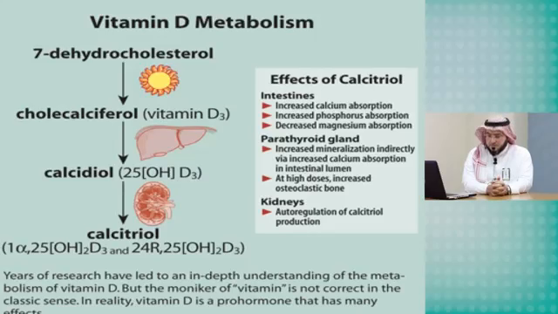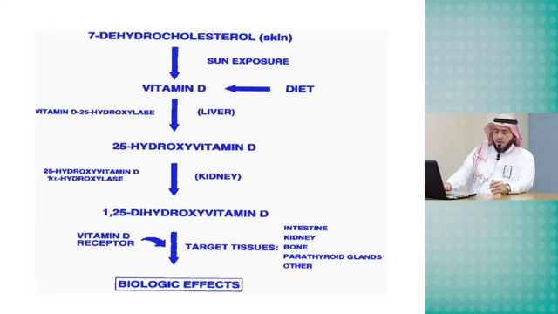Vitamin D receptors are usually present in the intestine, in the parathyroid gland, in the renal tubules, in the hair follicles. And these receptors are very important for the active compound of vitamin D to have its action.